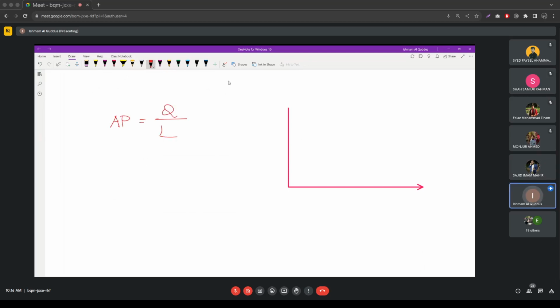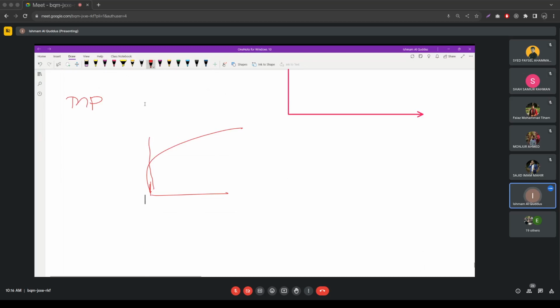Good. So you see after a certain point, this MP that I mentioned, think of this graph, okay? Sorry, drawing this graph is such a hassle. Think of this graph.